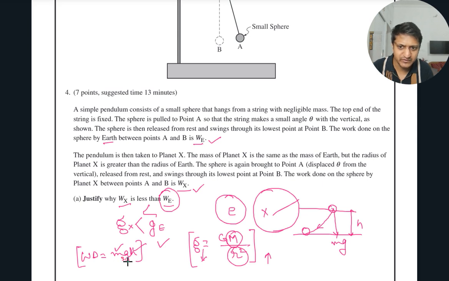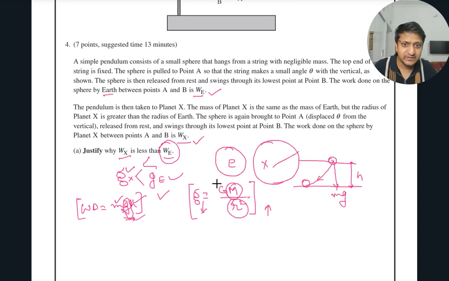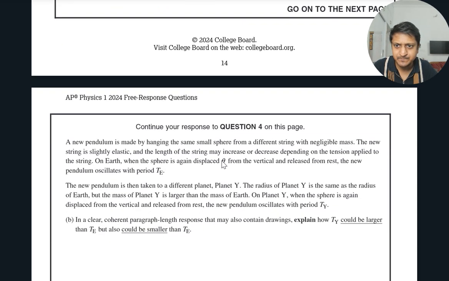Here the mass of the sphere is constant, so g is the only variable that will make the difference. For higher g, more work done. For lower g, lower work done. That's simple. So you have to explain everything, then you will get full marks.